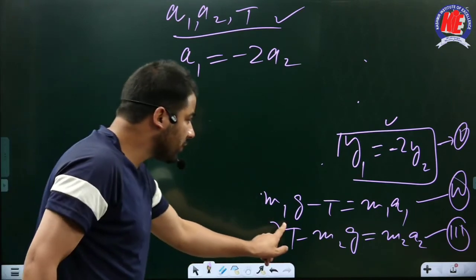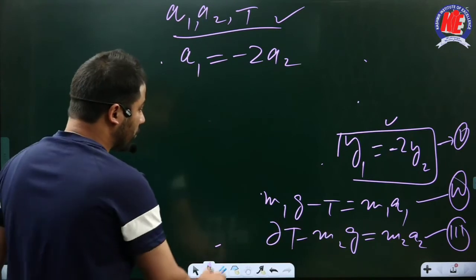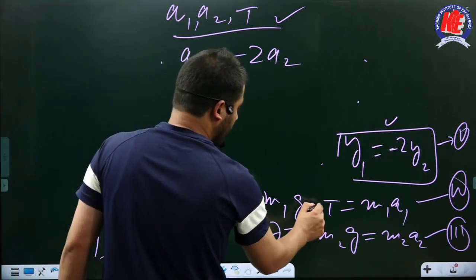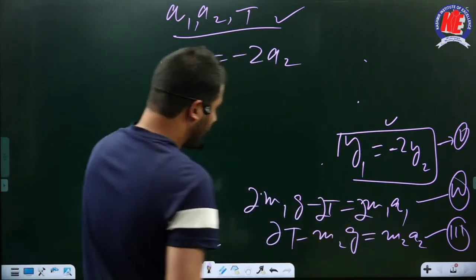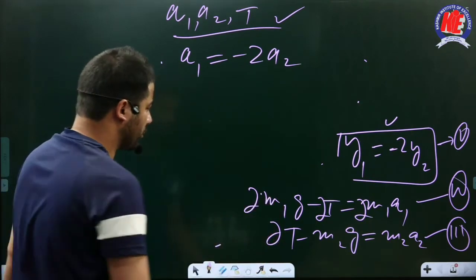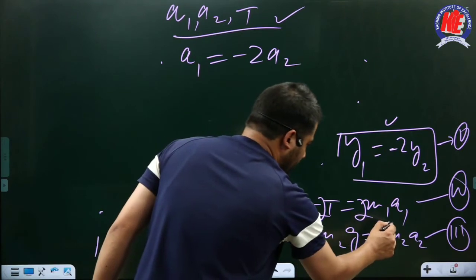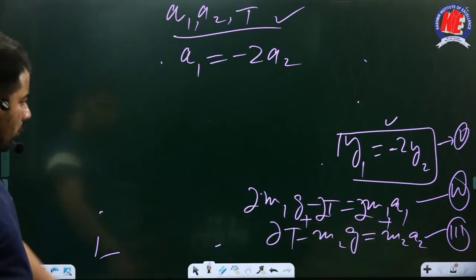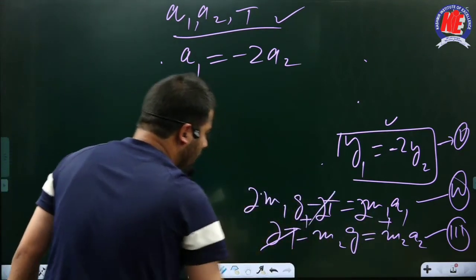If I multiply the first equation by 2, here is 2, here is 2. Now I am going to simply add these two equations. When I add these two equations, for a moment the tension will vanish.